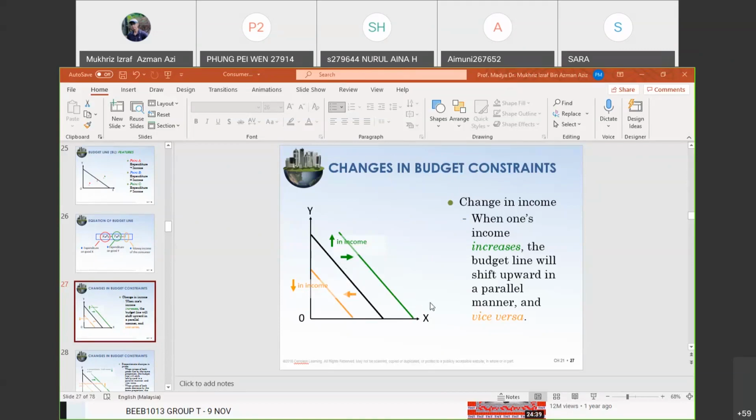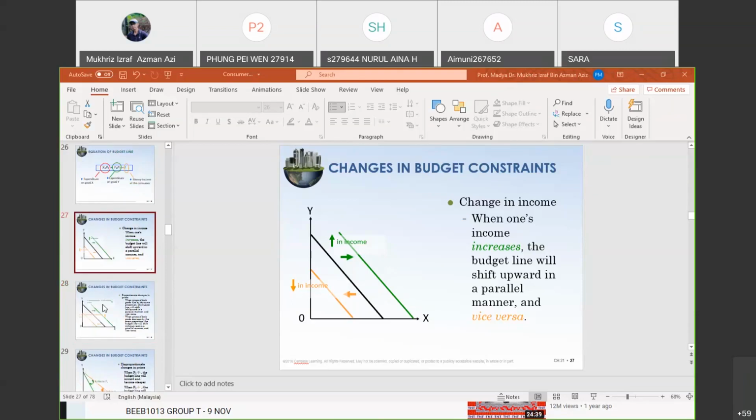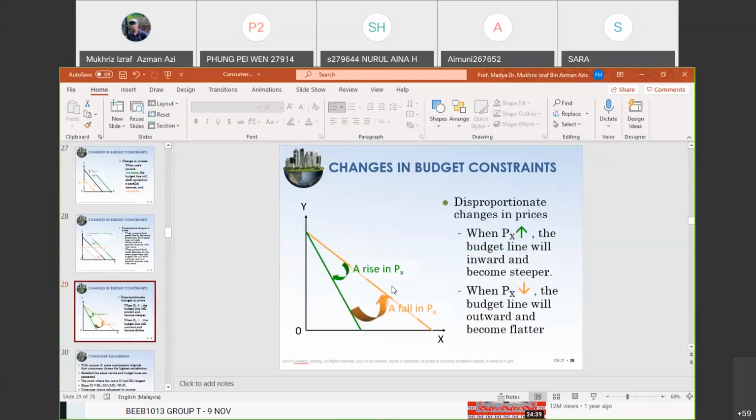But if it's caused by a change in the price of X or the price of Y, then your budget line will only change at one point at a time.